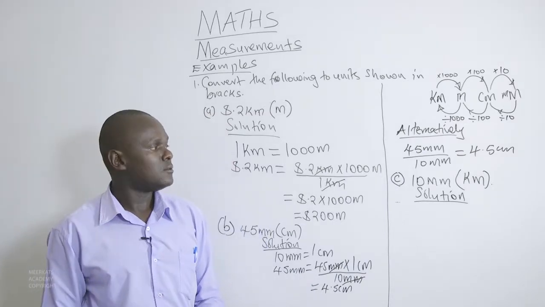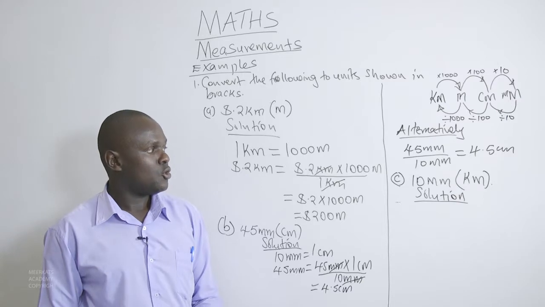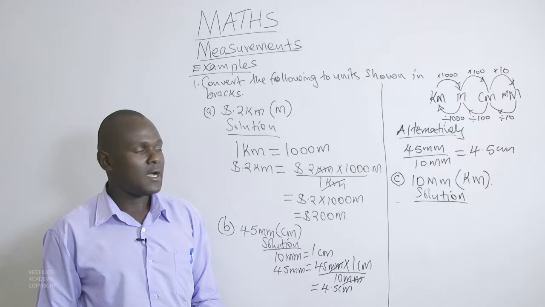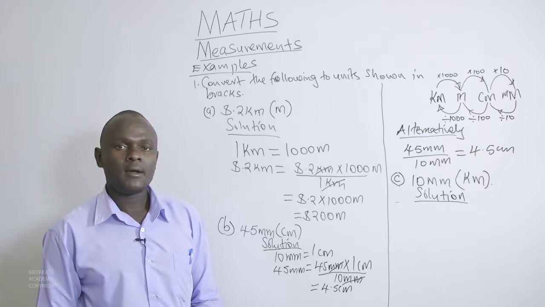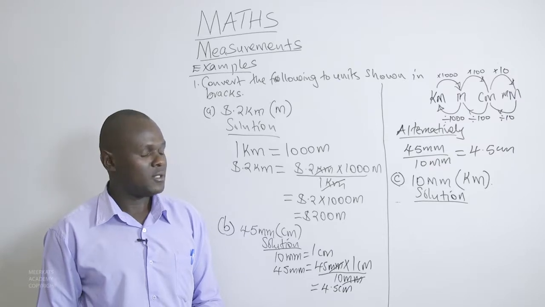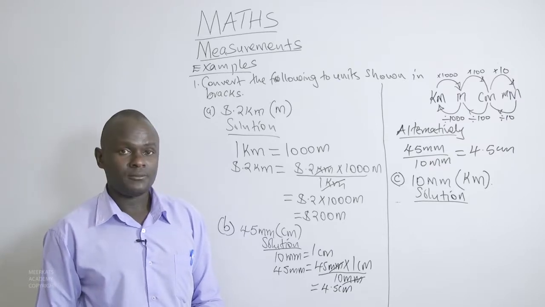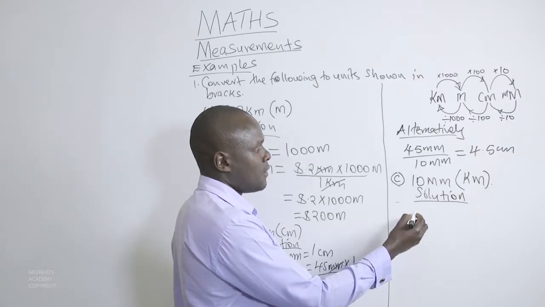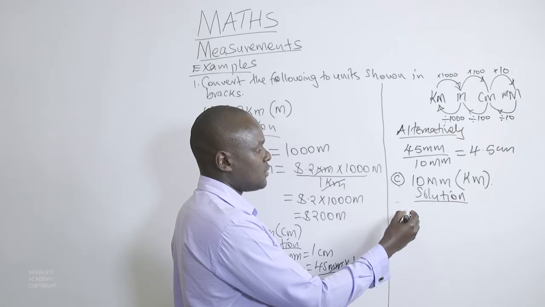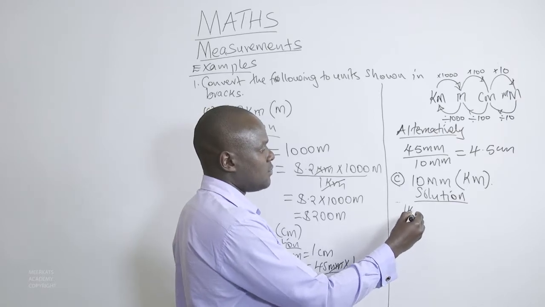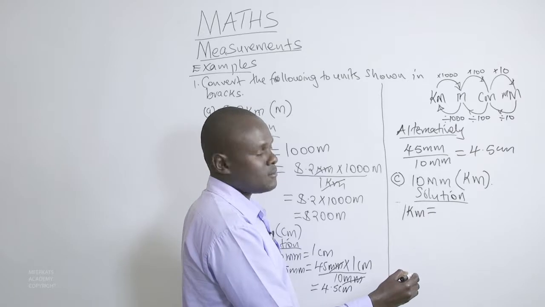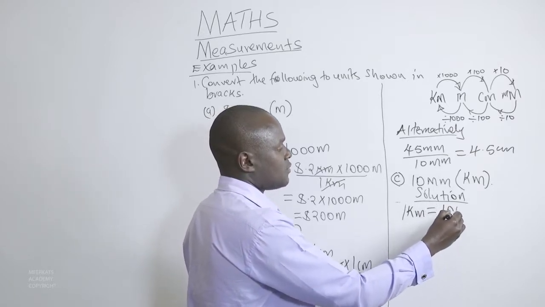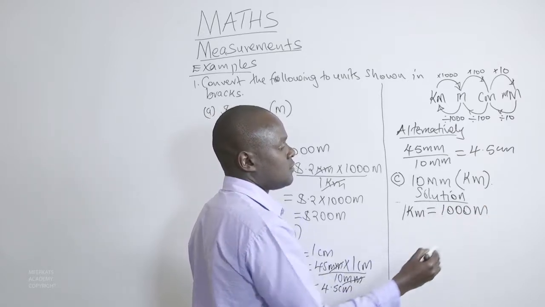That is one route. Or we can go through another route by asking ourselves, how many millimeters make up a kilometer? We know that 1 kilometer is the same as 1,000 meters.